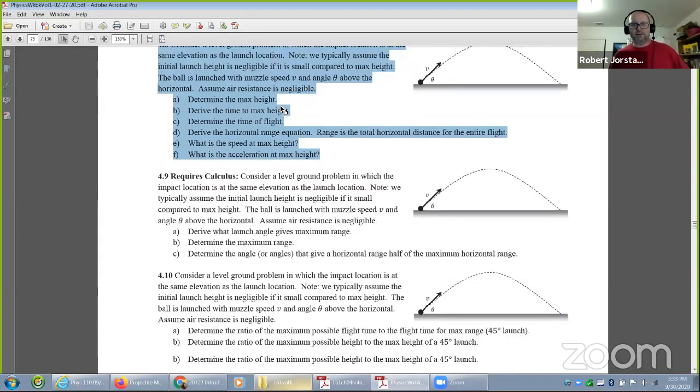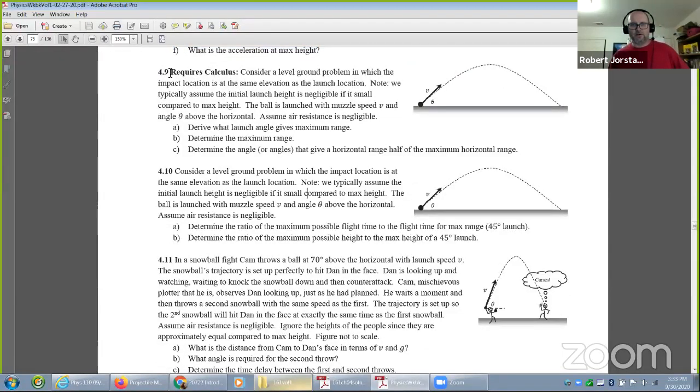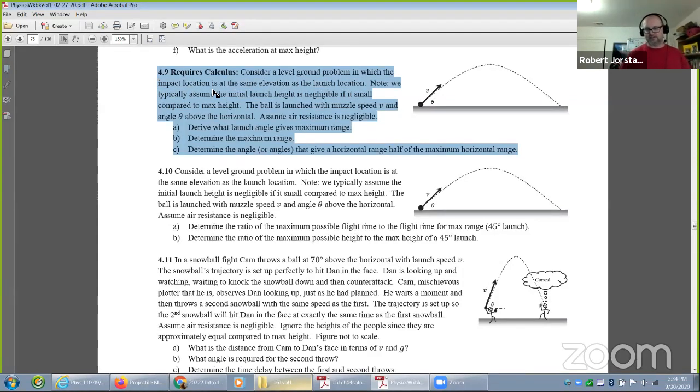All the problems on this page are pretty much level ground problems. They're the easiest problems in 2D motion. Now, this one you don't have to do because it requires calculus, and you're not supposed to be doing calculus in this class. Gee, I wonder what we'll do next semester.